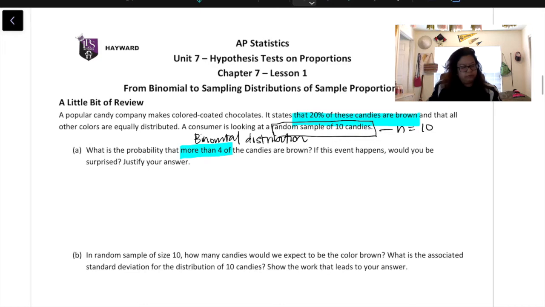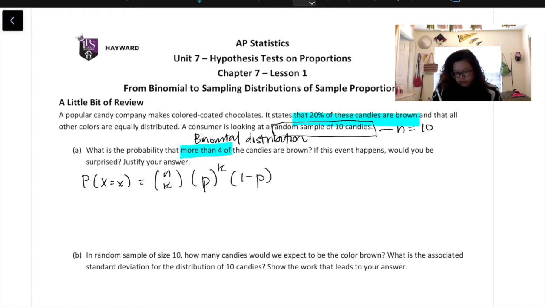As a reminder, a binomial distribution is this equation: P(X = k) is n choose k, times p, the probability of success, to the power of k, times 1 minus p to the power of n minus k. In this case, n equals 10 because we have 10 M&Ms that we're picking, and our probability is 0.2, since the probability of getting a brown M&M is 20%.